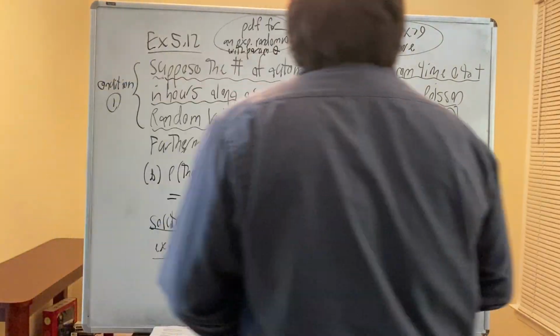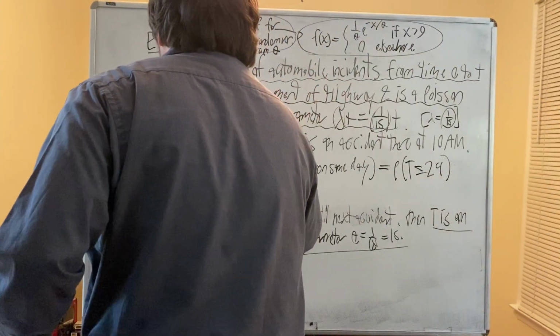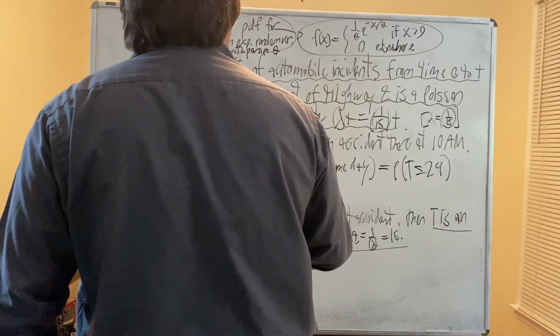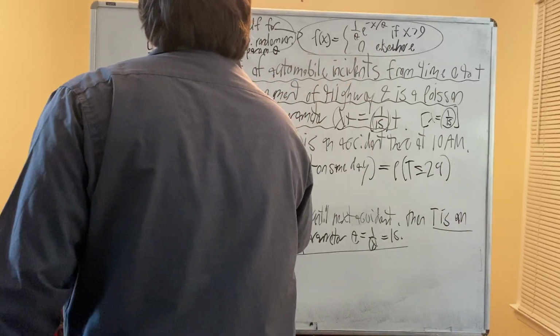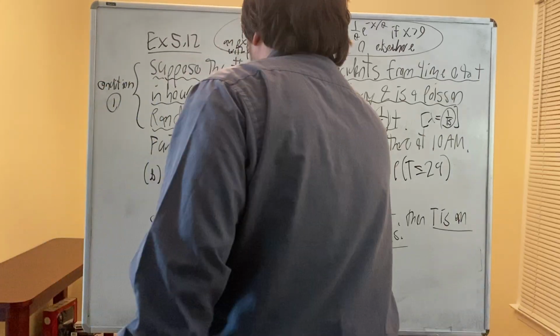Okay, and so that's just the integral from 0 to 24 of the PDF, which is the same PDF with theta 15, 1 over 15 e to the negative x over 15 dx.